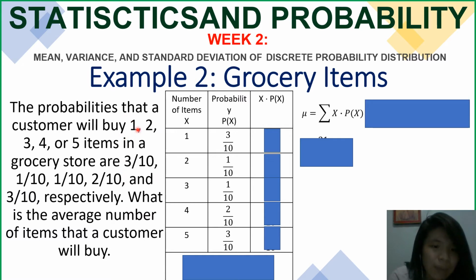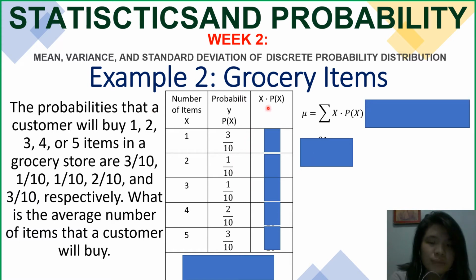Yung 1 item, yung probability niya is 3 over 10. Then, yung 2, that is 1 over 10. 3, that is 1 over 10. 4 items, that is 2 over 10, yung probability niya. And lastly, yung customer daw na bibili ng 5 items, yung probability na bibili siya ng 5 items sa grocery is 3 over 10.